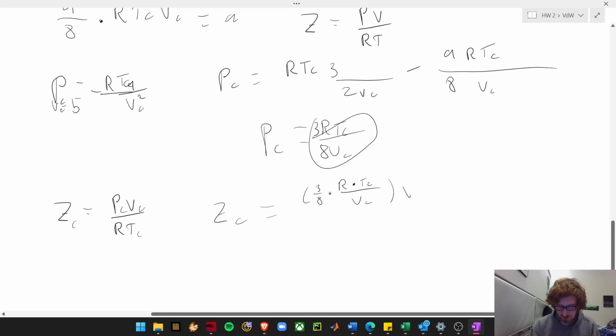And then we're going to have our critical volume, and then the denominator will be R times our critical temperature. So from here, we have these two critical volumes will cancel out.